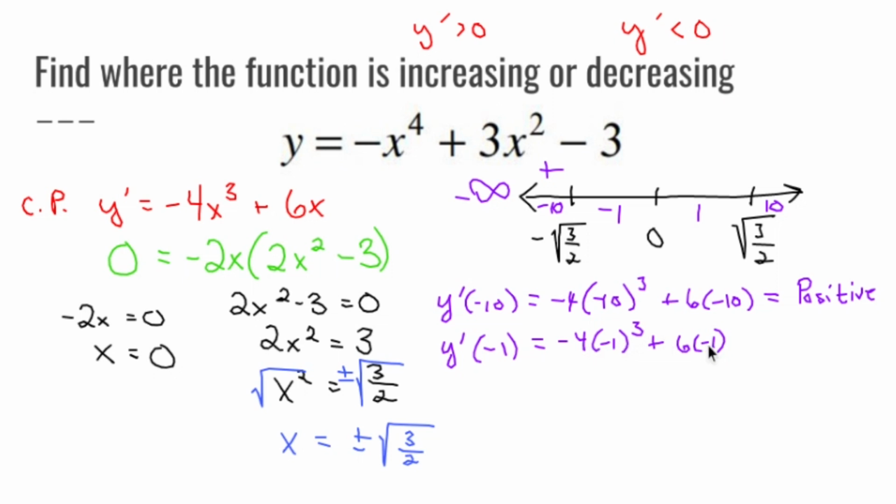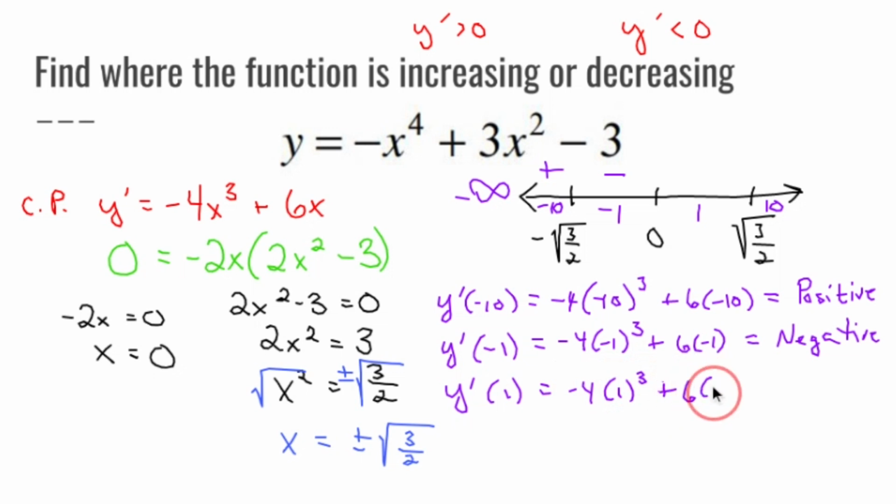Positive 4 minus 6 is negative 2, which tells me that between negative square root of 3 over 2 and 0 is decreasing. Almost there. Y prime of regular 1 is going to be negative 4 times 1 to the third plus 6 times 1. 1 to the third is 1. Negative 4 times it is negative 4. Negative 4 plus 6 is positive. So that tells me that between 0 and root 3 over 2 is going to be an increasing function.